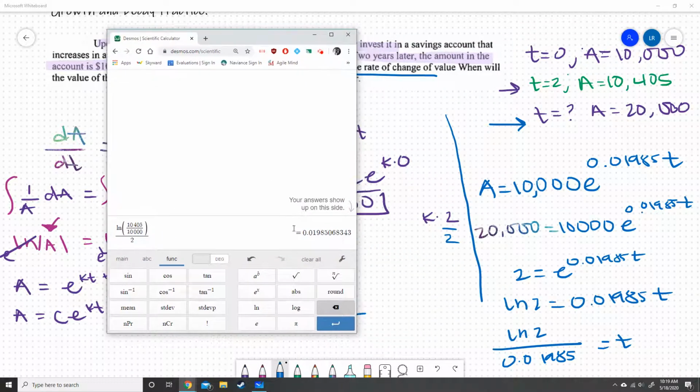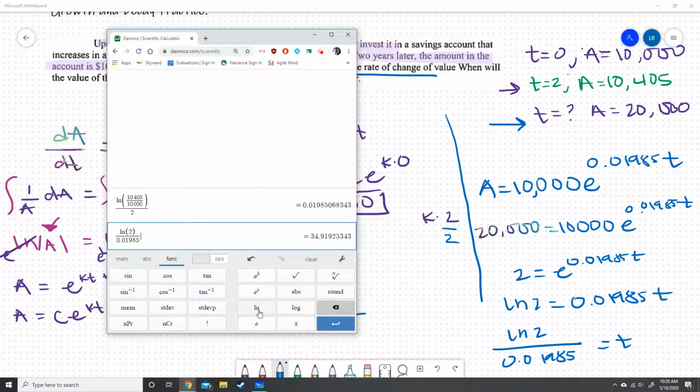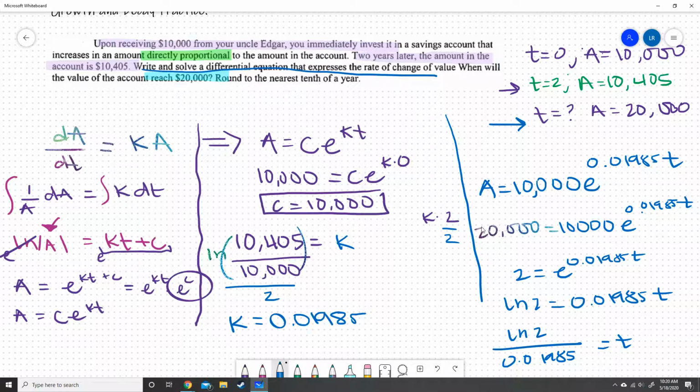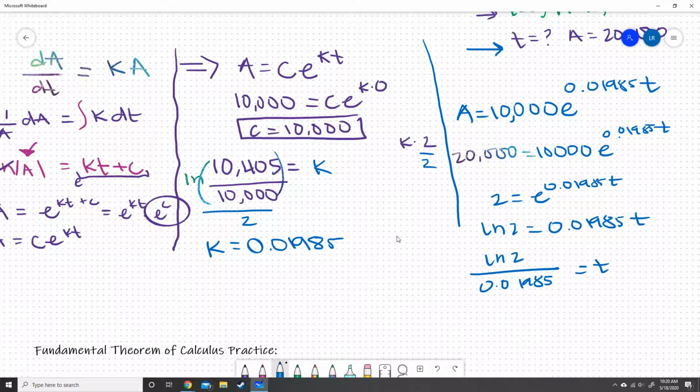We want to know what is the ln of 2 divided by 0.01985, and we get about 34.9 years. So the time to double the money, because 10,000 to 20,000 is double, is 34.9 years.